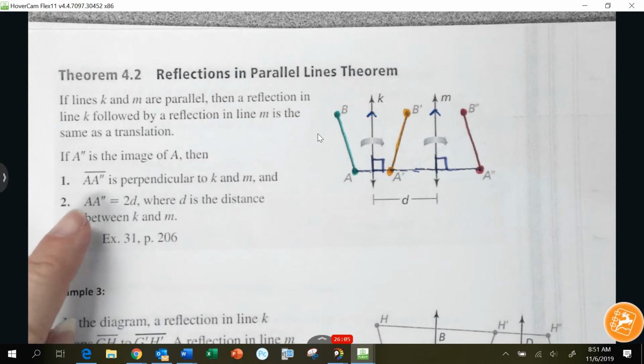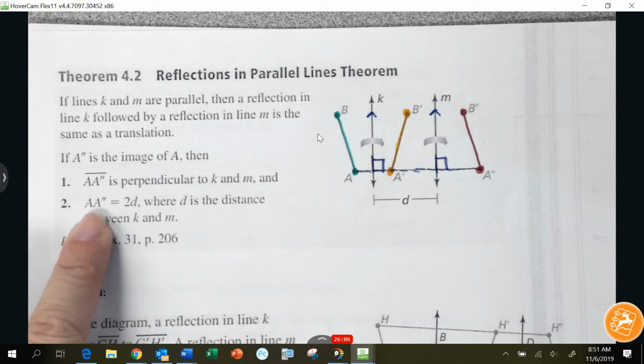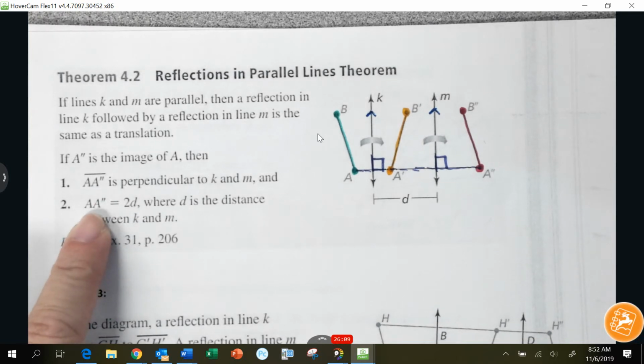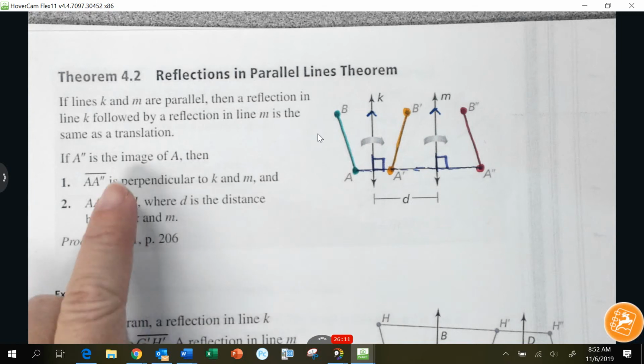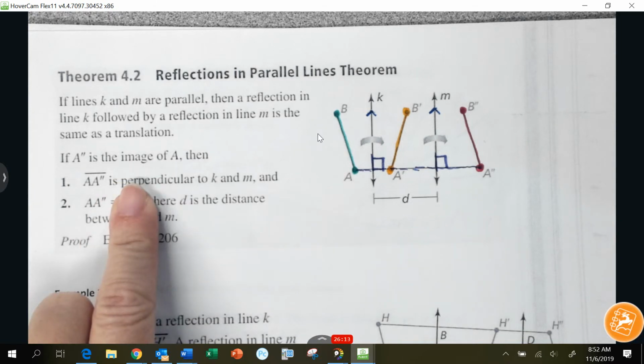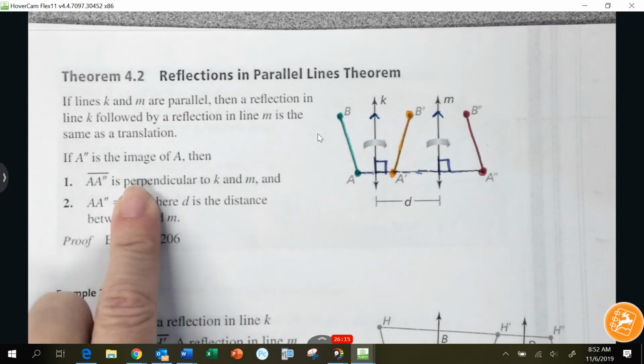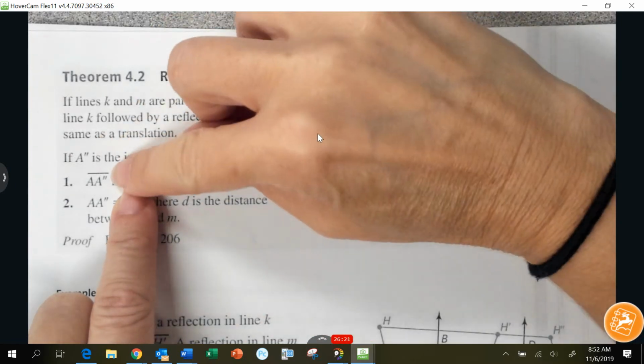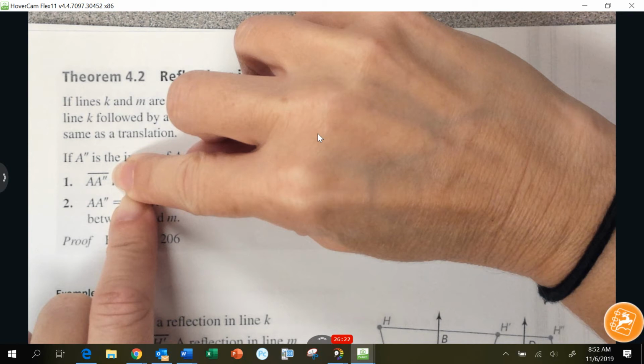And the length of AA double prime, how do I know its length besides it says equals a number? How's that different than talking about the segment itself?